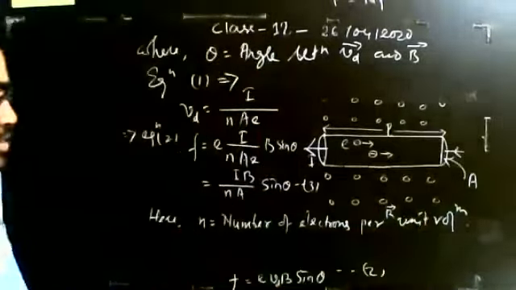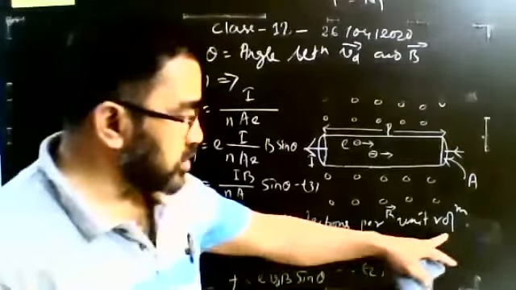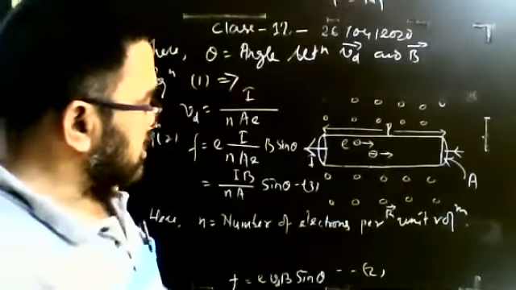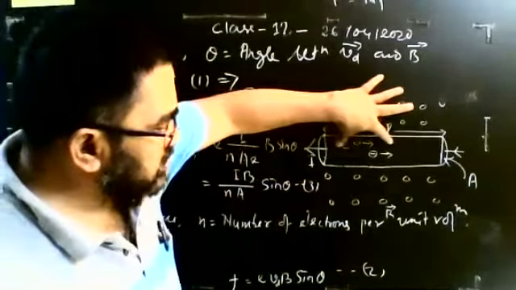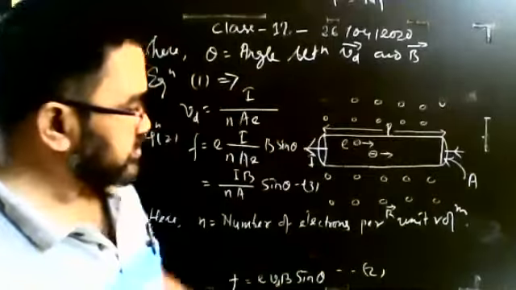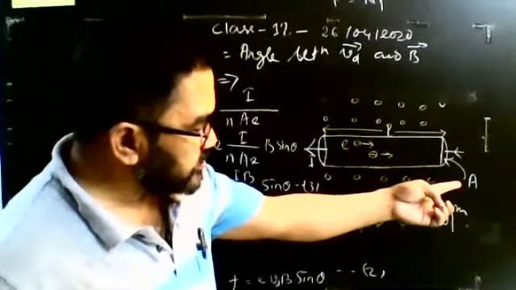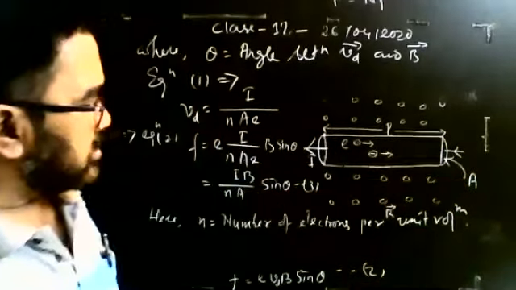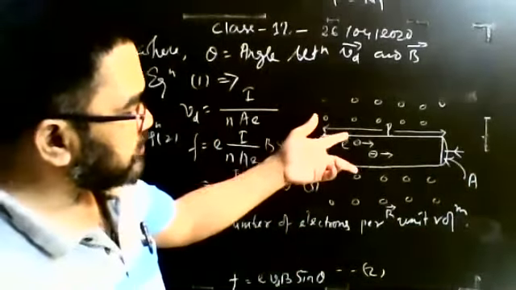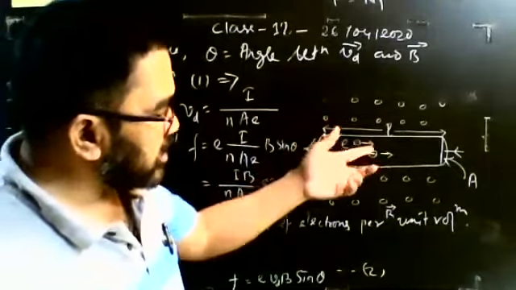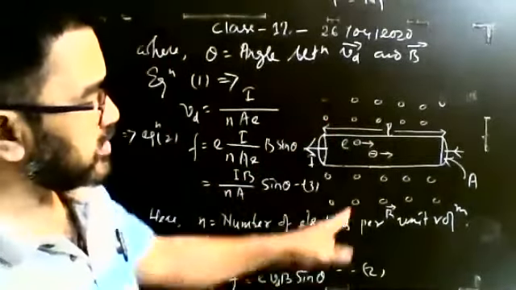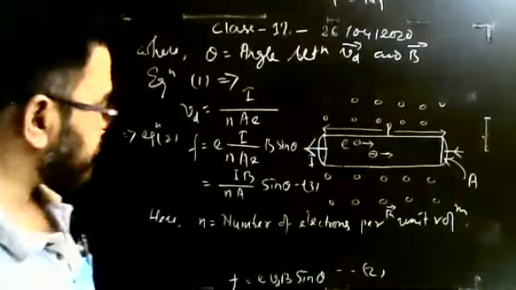Then what will be the total number of electrons within this volume? If the length is L and the area of cross section is A, then the total number of electrons will be equal to small n multiplied by the volume of this conductor.